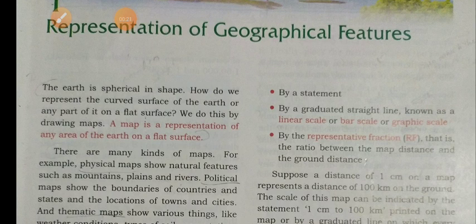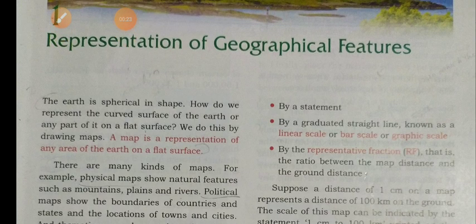From lesson 1 the first question is the definition of a map. What is a map? A map is a representation of any area of the earth on a flat surface.